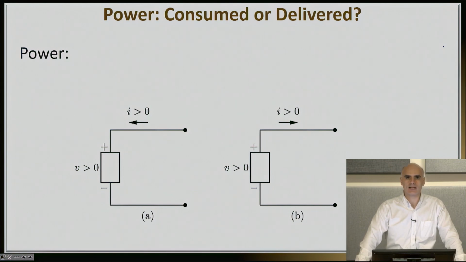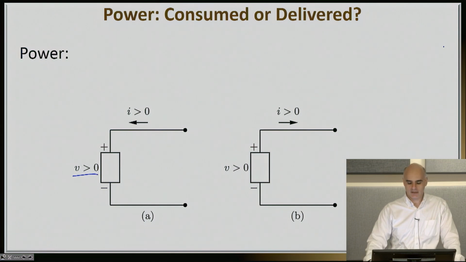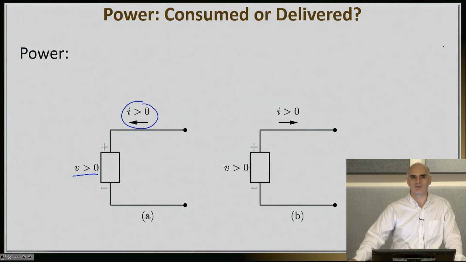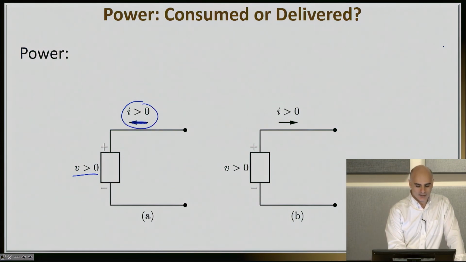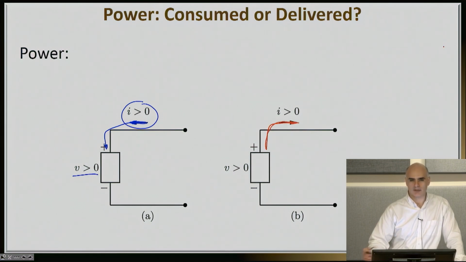First of all, I'd like you to notice that whenever you're talking about the voltage difference or the voltage polarity across a device, you may also have a current that flows through this device, and you may have 2 different scenarios. Either this current will be entering the device from its positive terminal, or this current will be leaving the device from its positive terminal.